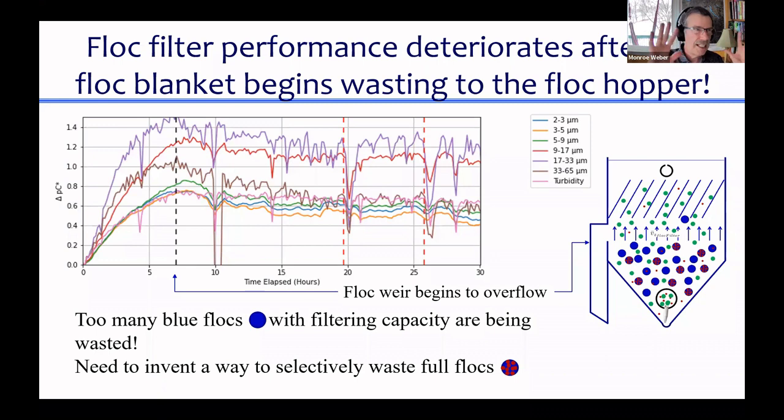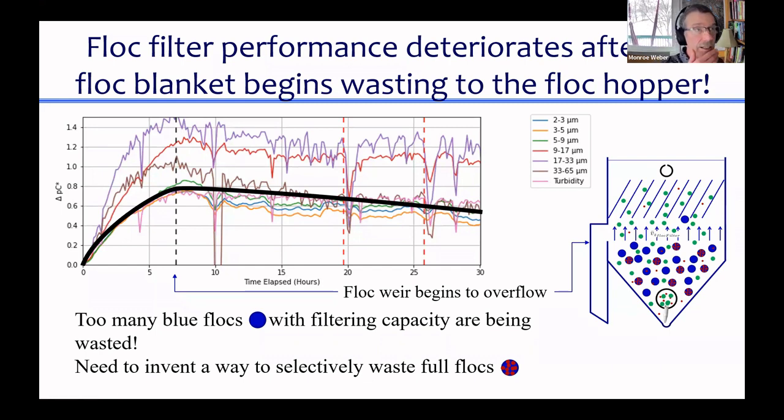These are mostly the clay particles that were introduced into the system, because there's a range of sizes within clay. And what we see is that they all got better as the flock filter was growing in depth. And then when the flock filter started dumping excess to the flock hopper, performance actually got worse.